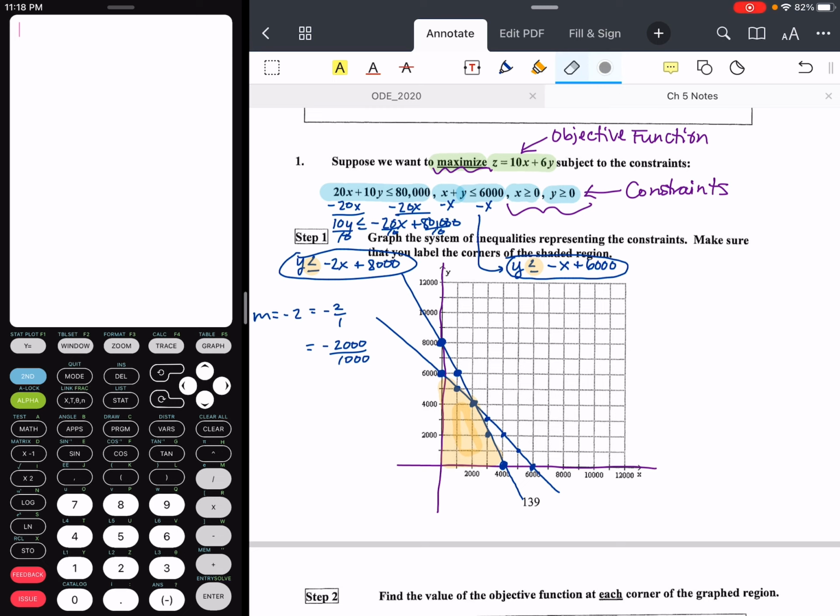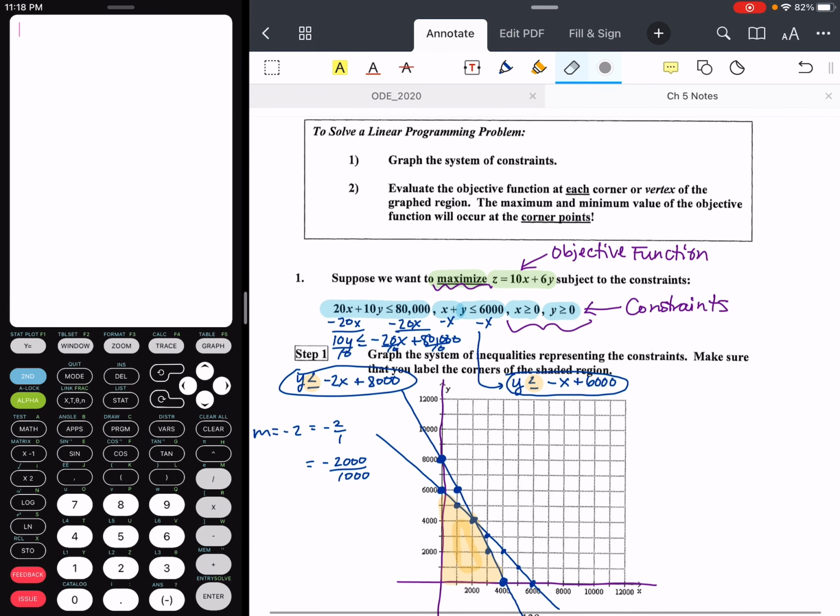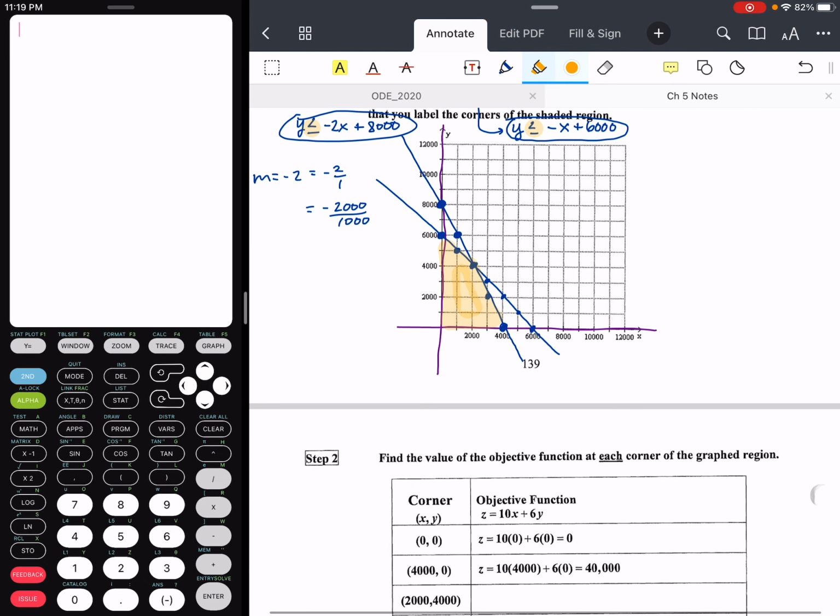Okay, so that's our system of inequalities, and now what we need to do is identify the corners, okay? So we're going to graph the system of constraints, and then we evaluate the objective function at each corner or vertex of the graphed region. So that's our next order of business, is we need to identify each corner.